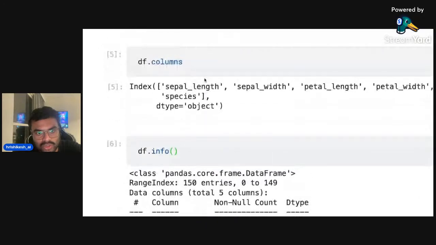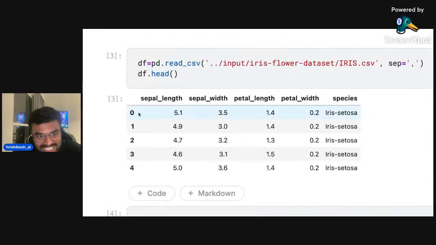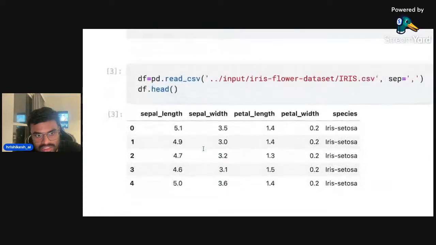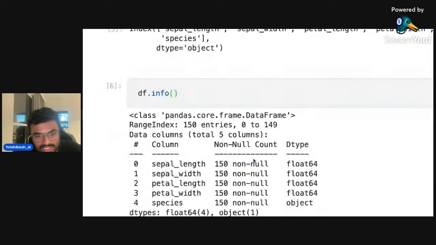So rows मतलब ये बोल रहा है कि सारे रोज ले लो. Head shows only the top 5 rows. तो मैं बोल रहा हूँ कि सारे रोज ले लो, बट कॉलम आप क्या लो, 0 to 4. 0 to 4 is 0, 1, 2, 3.